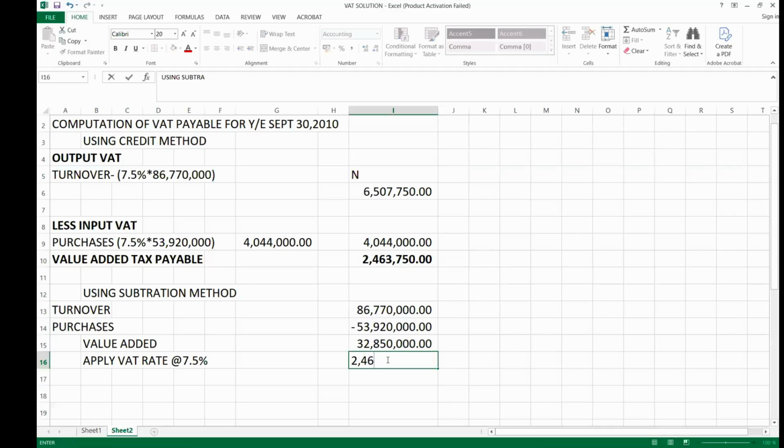So that will give you this value of 2,463,750. Under normal circumstances, your value added tax payable will now be equal to this value.